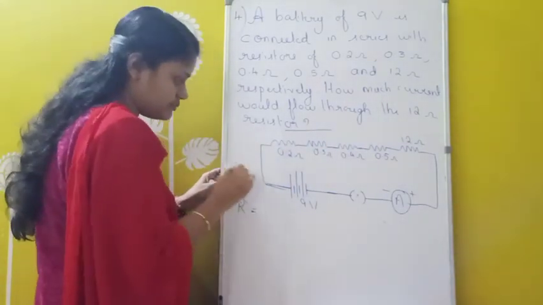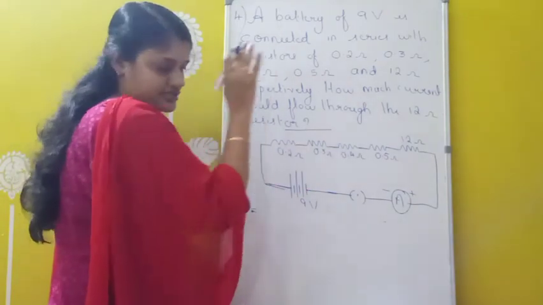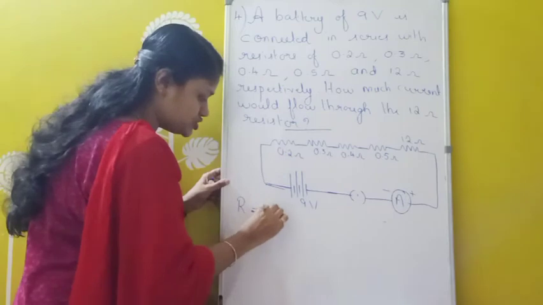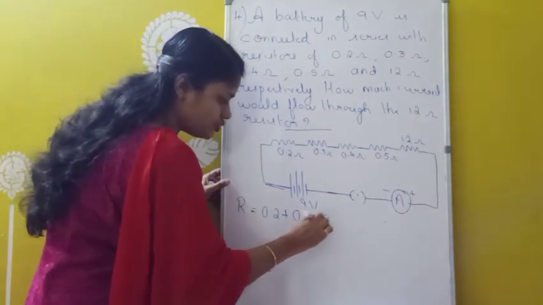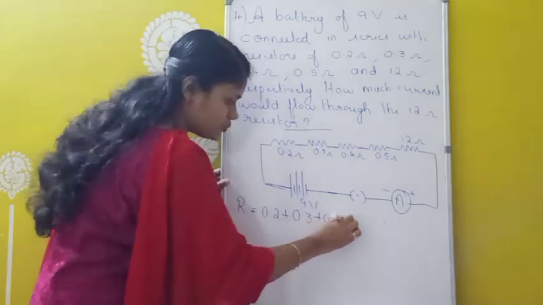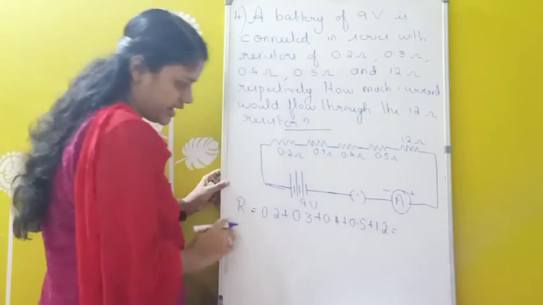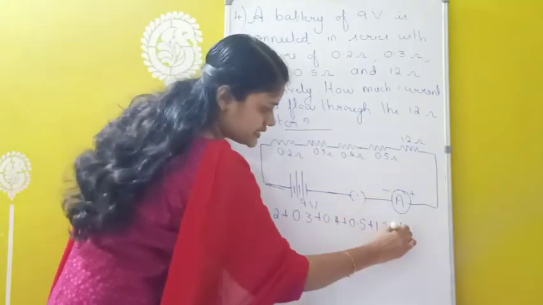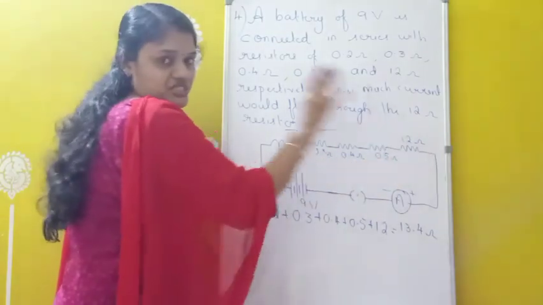Okay, so that is given by R equals, all these are in series only, so we can simply add all these resistances. That means 0.2 plus 0.3 plus 0.4 plus 0.5 plus 12. When you add all these, you will get 13.4 ohm. So this is the total effective resistance.